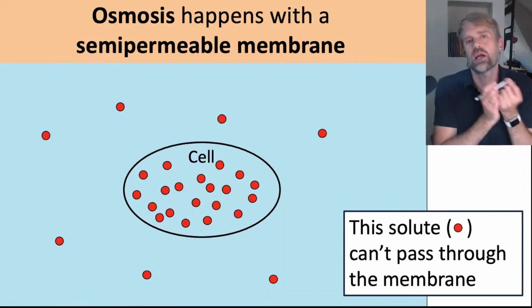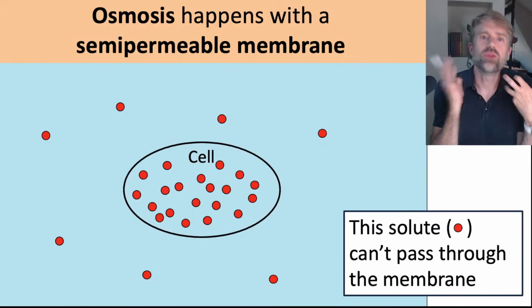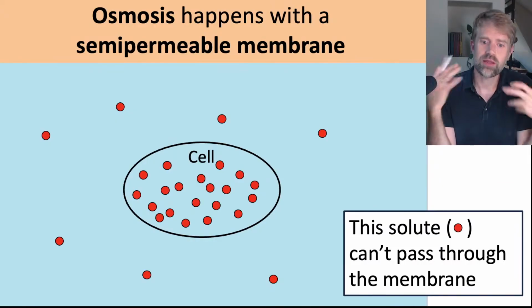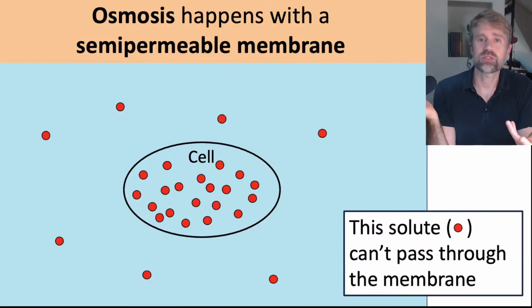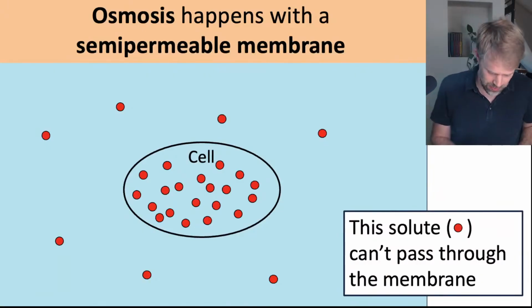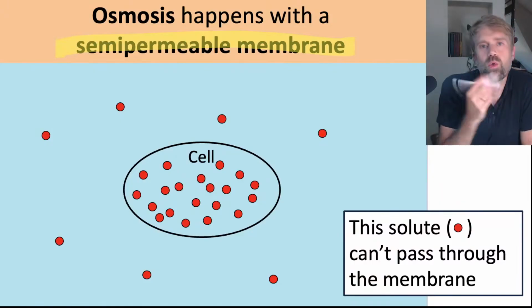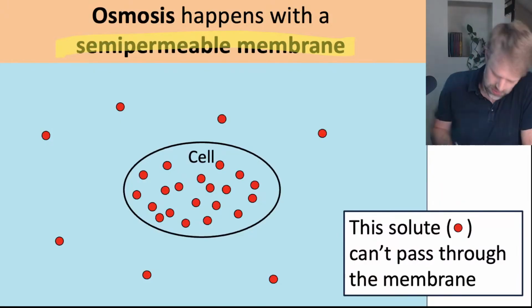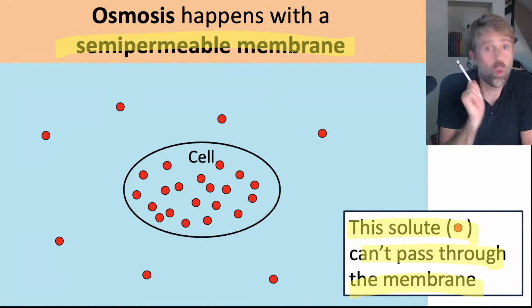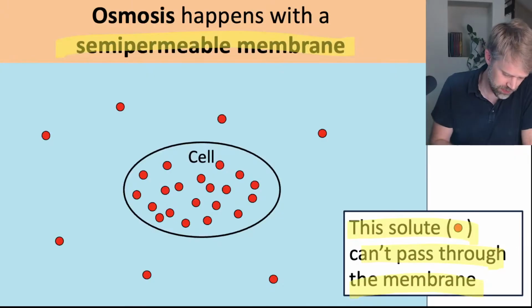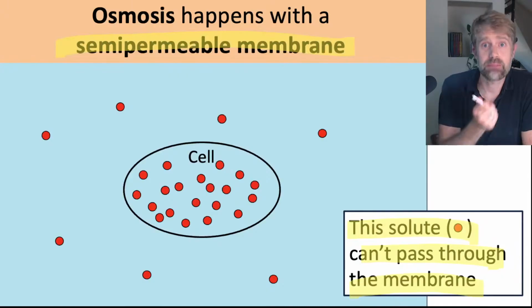Now that we've talked about this a little more, let's review the example that we gave earlier, and I think it's going to make a little more sense. Here we have a picture of a cell. The cell membrane is semipermeable. Only some things can pass through, and in this case, the solute can't pass through the membrane. Water can, but the solute can't. Osmosis happens with a semipermeable membrane.